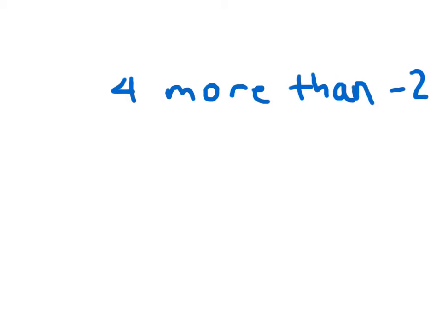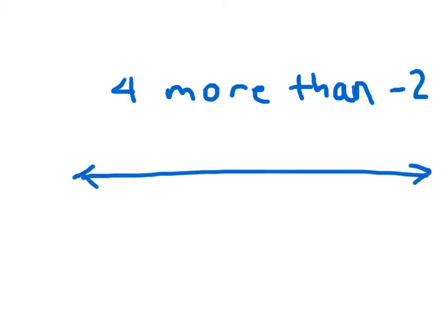Again, we have this problem, 4 more than -2. If they did not give you a number line, go ahead and draw one. 4 more than -2, we'll start at -2. If we're going 4 more than that, then we are going to go to the right on the number line. And so to the right of -2, counting up from there, would be -1, and then 0, and then 1.